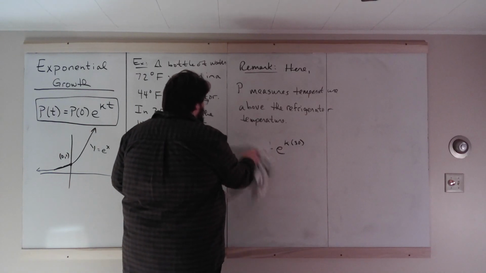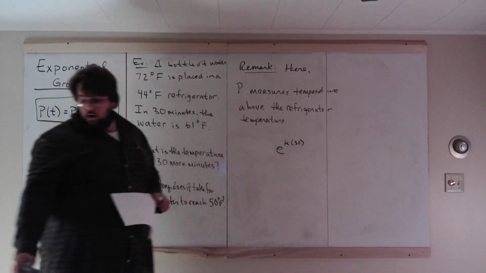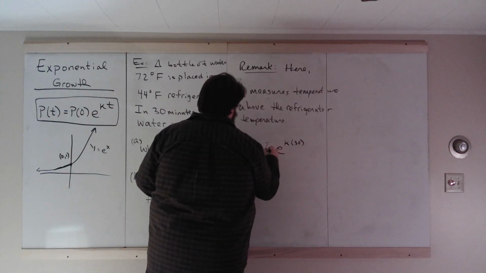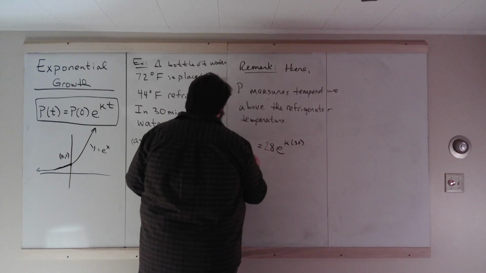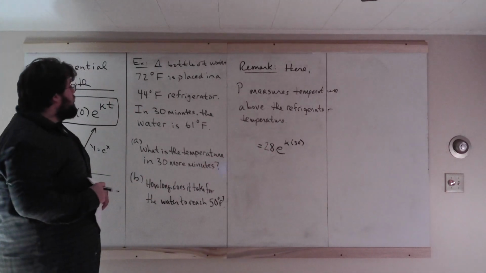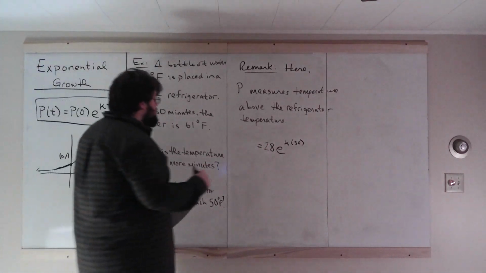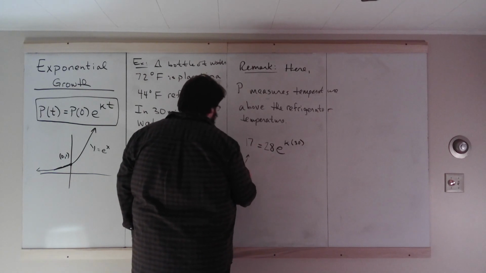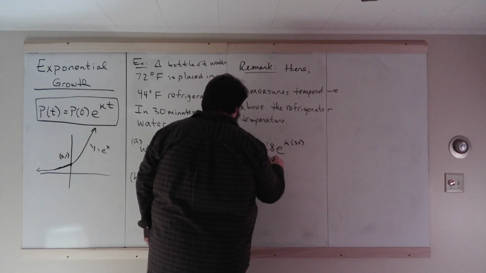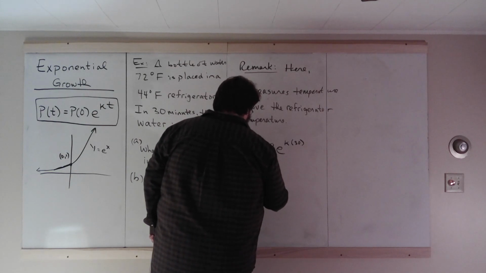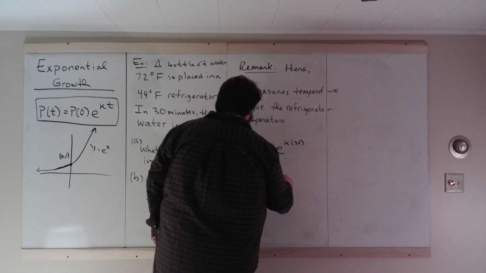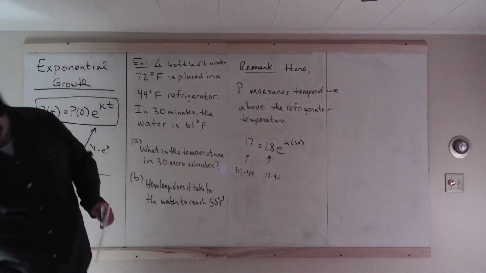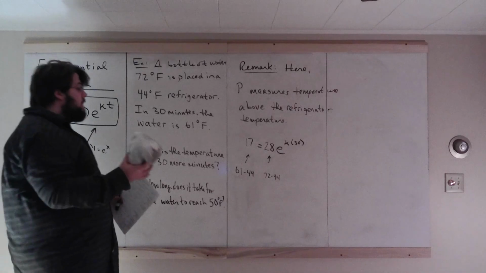So the bottle of water is 28 degrees above fridge temperature, and after 30 minutes, it's 17 degrees above fridge temperature. 17 was 61 minus 44, and 28 was 72 minus 44.